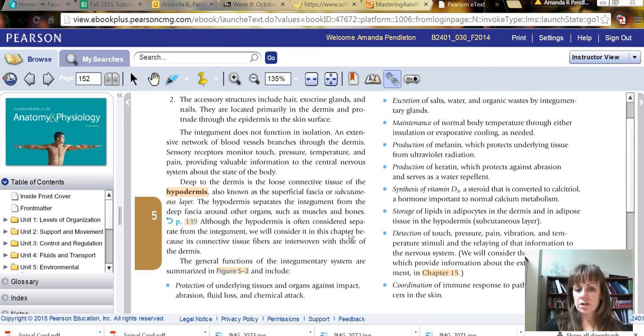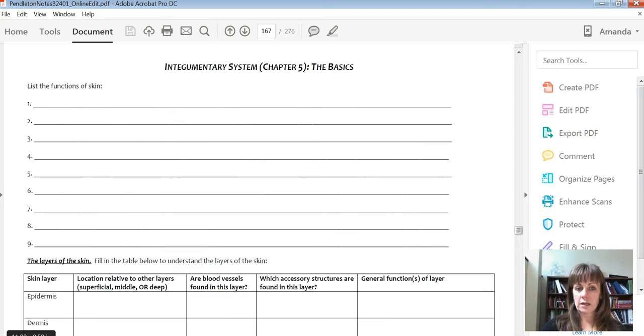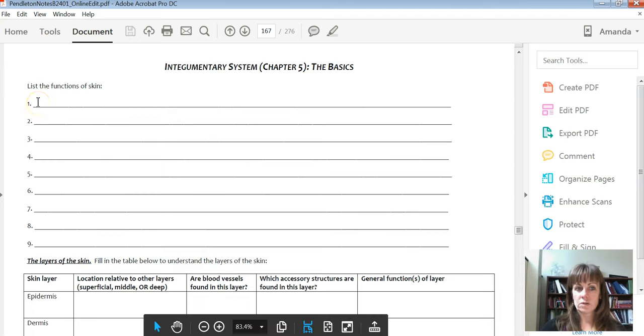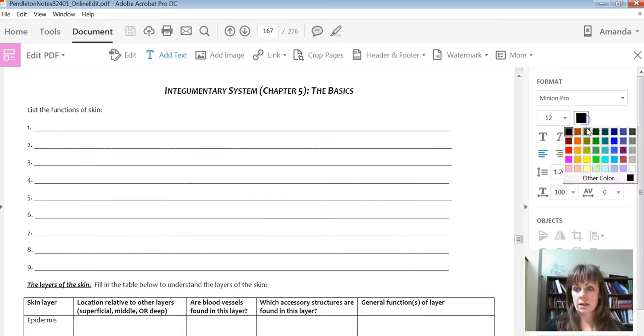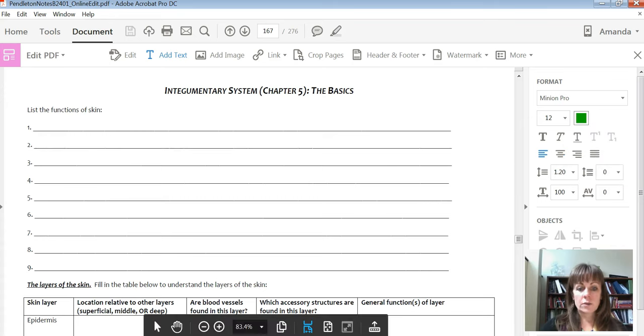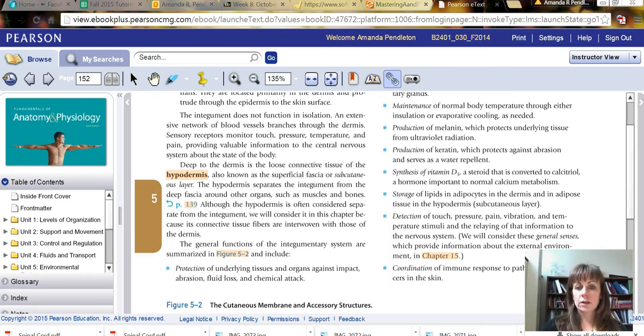But I do want to caution you as you list these out, and here is the location in your notes to list these functions of the skin. But I do want to caution you as you look at your text, a lot of times students just want to list the word in italics. But the problem with this is you list protection.